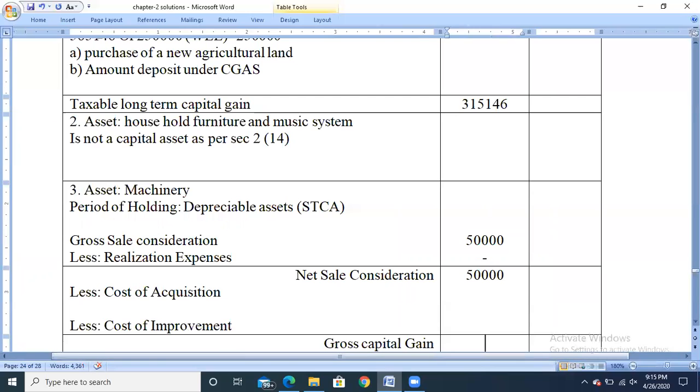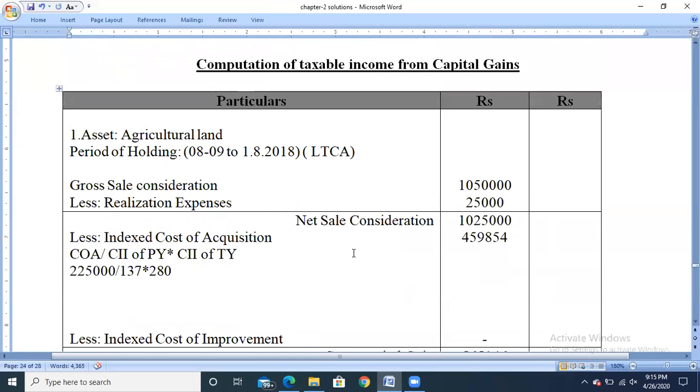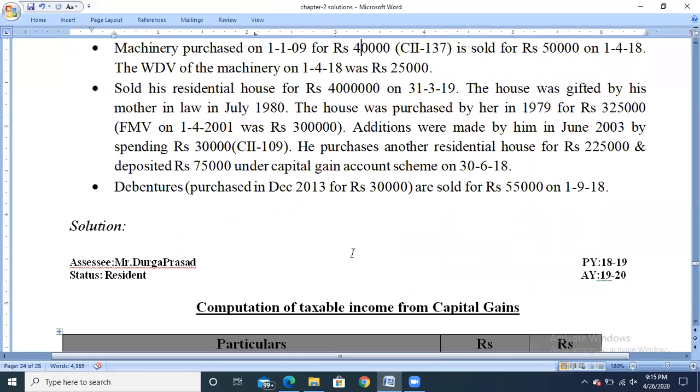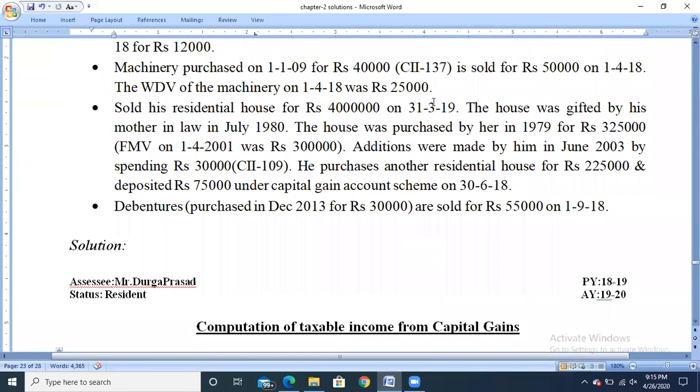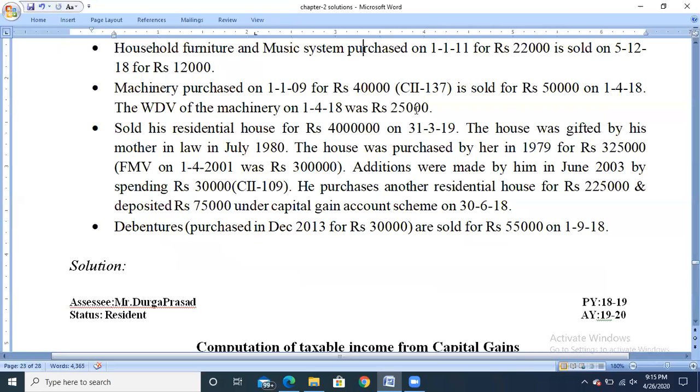This cost of acquisition will be replaced by the written down value as on 1/4/2018, because the asset is a depreciable asset. The written down value as on 1/4/2018 is rupees 25,000.